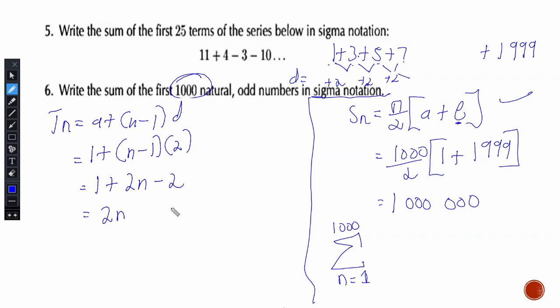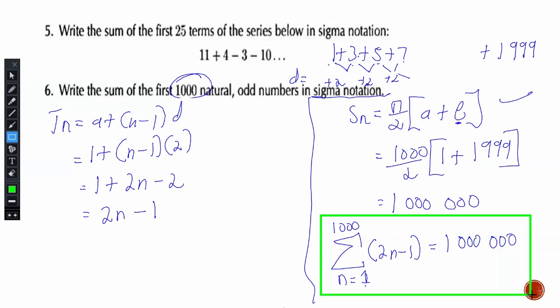So this is supposed to be 2n, 1 minus 2 is negative 1, right? So at this point, we are going to indicate 2n minus 1, and then this will give us a sum of 1 million, if we are starting all the way from 1 to 1000. So our sigma notation is now in this format.